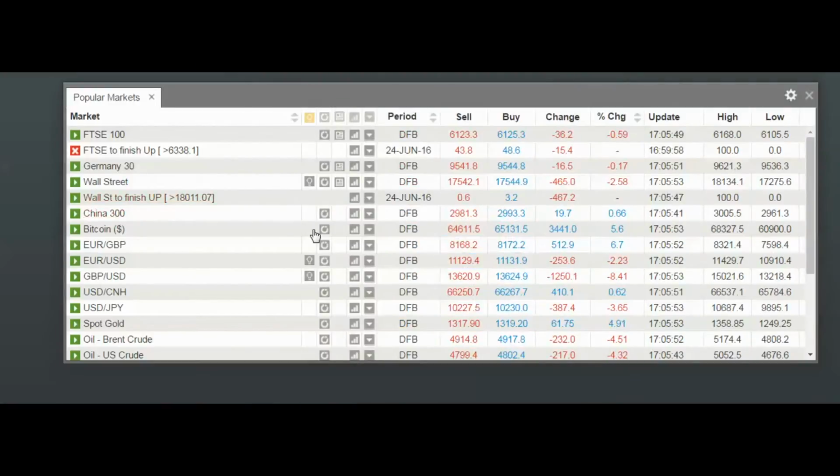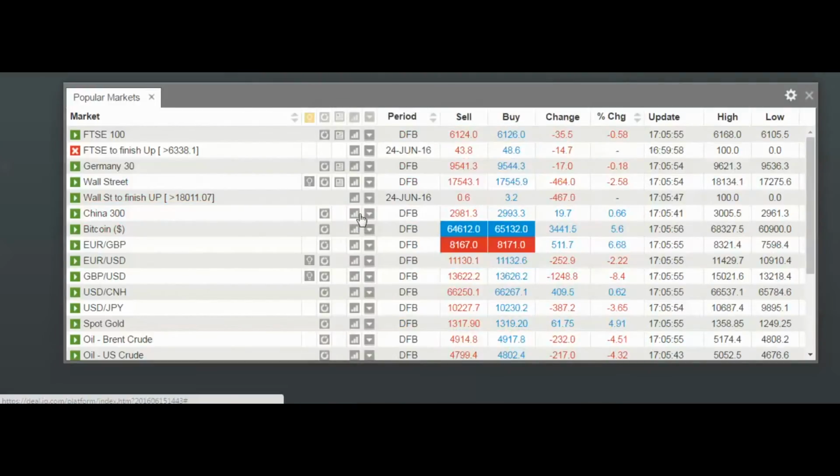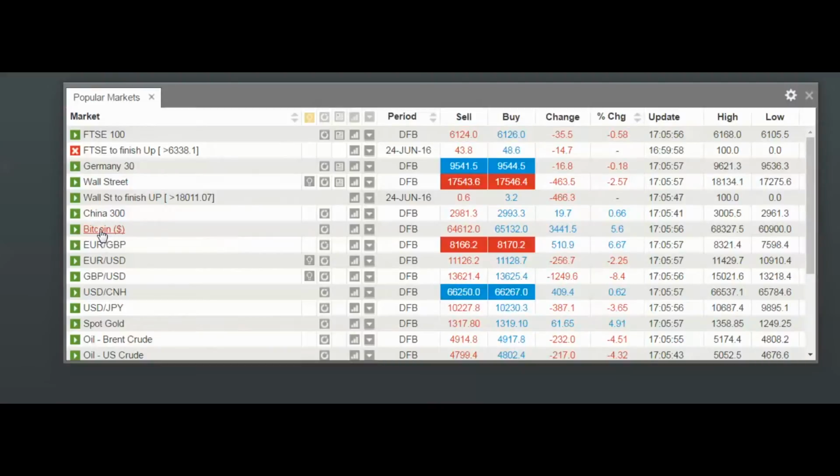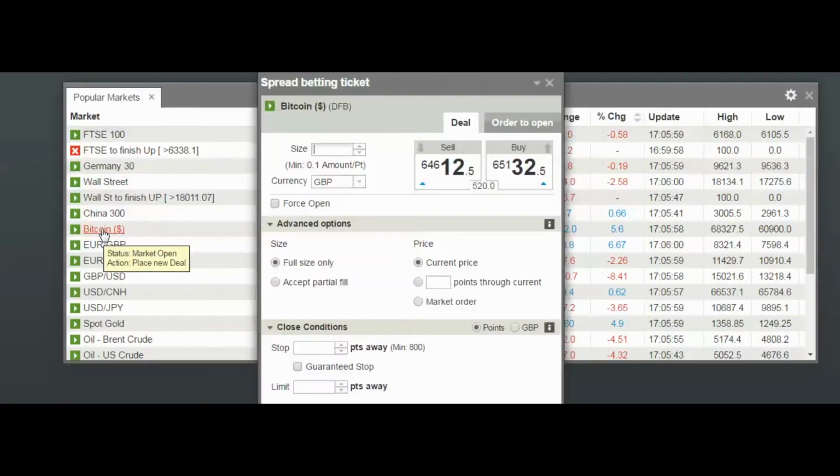Now let's say you are going to be trading something a lot bigger, something like Bitcoin. If you are trading Bitcoin at just £1 a point, that would be extremely risky, because it can move 3,000, sometimes 10,000 points in just one day.